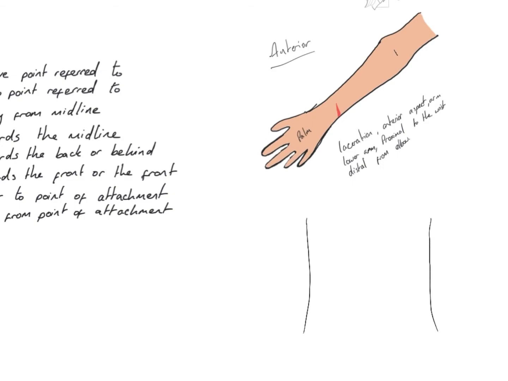So if this is the abdomen and we've got our belly button there, we then break that down into 9 quadrants. So again, let's use some of the language that we've been learning already, that this is the anterior aspect of the abdomen. So it's the front, and this is the left side, and this is the right side of the abdomen.